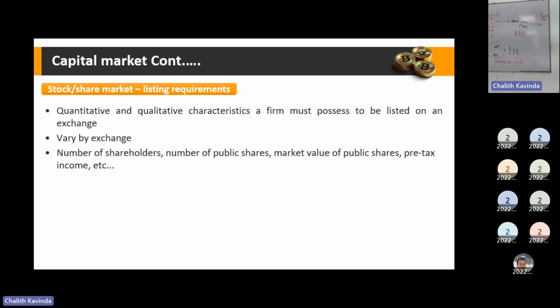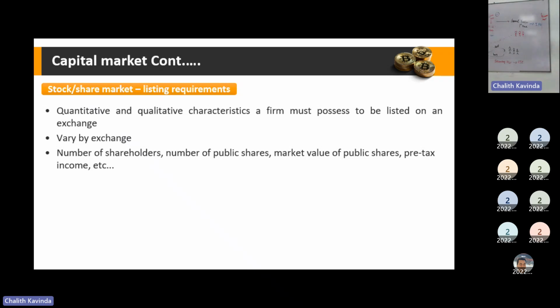What will happen? If there is no statement saying that you are going to get priority at the time of liquidation or bankruptcy, you are going to lose your money. So accordingly, the company needs to have better financial discipline, right? At the time of getting the listed status as well as while continuing their operation.